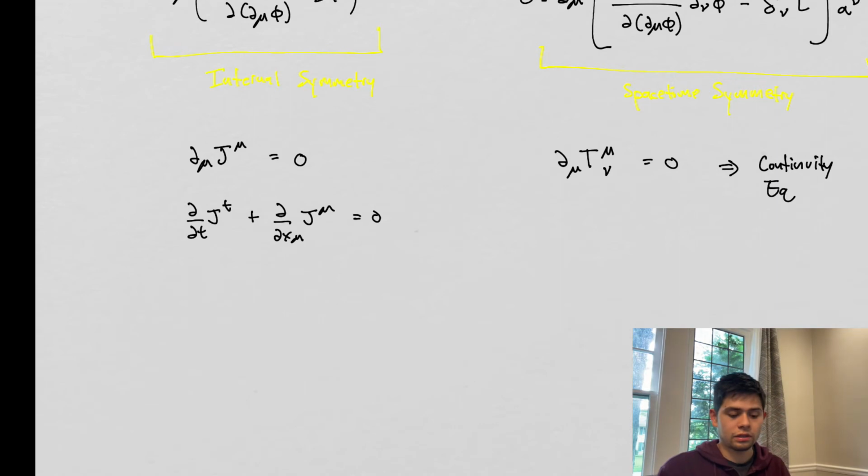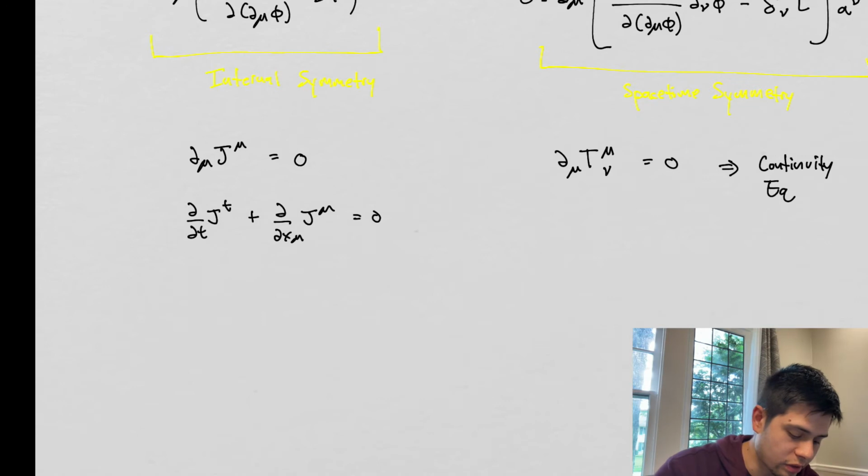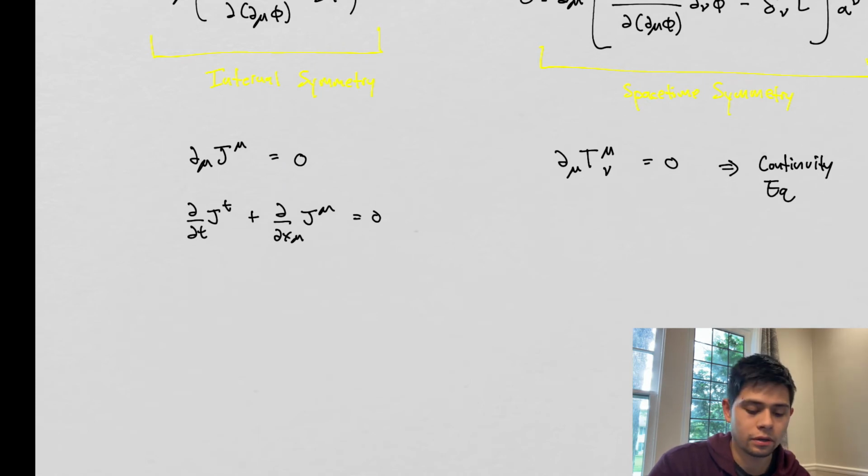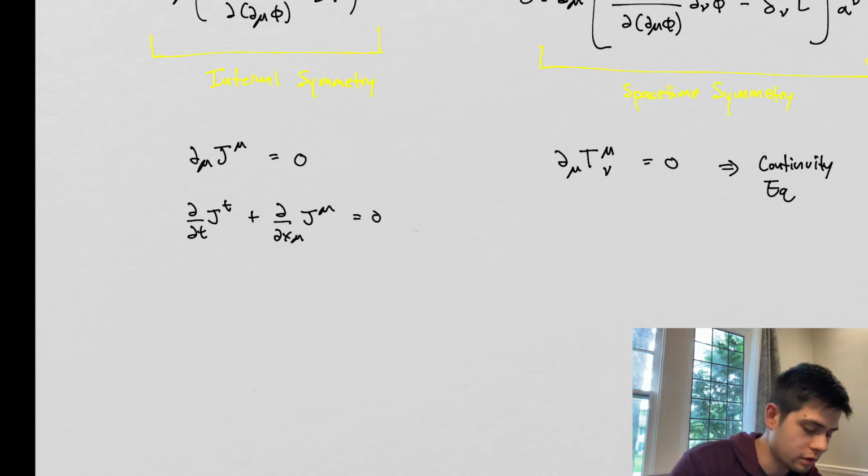So this kind of is something of a continuity equation if we did it like this. But again, this is the difference between the two. In the internal case, we're only summing over one index. In the space-time case, we're summing over one index, but we have two indices basically in the thing that's being conserved. Okay.